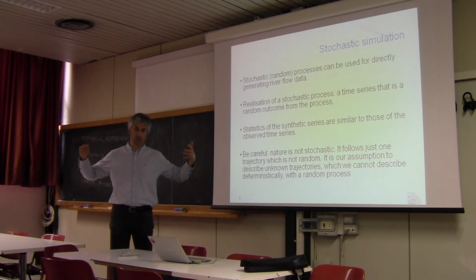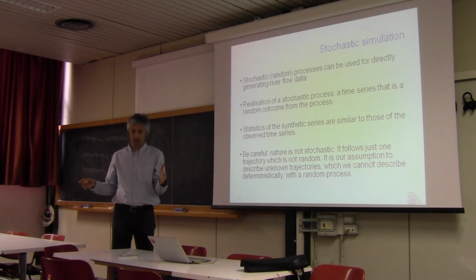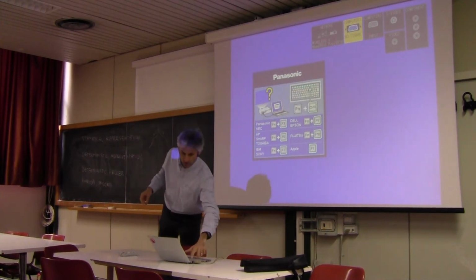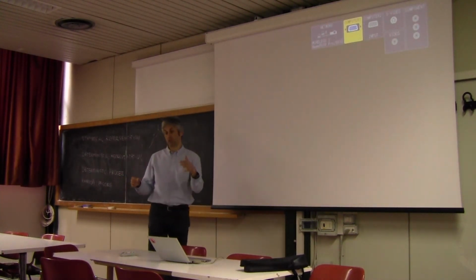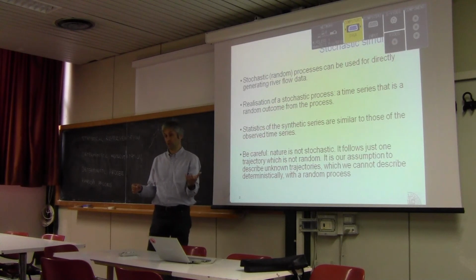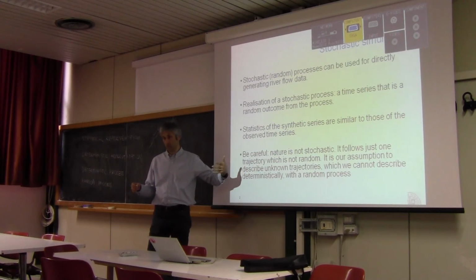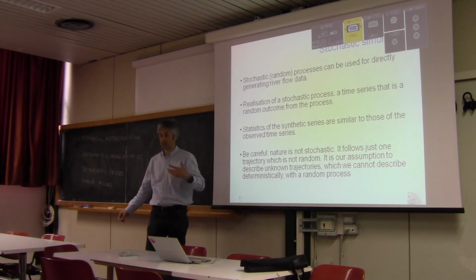For instance, if you get river flows in a river, very often one computes the average because you are uncertain about the future values of the river flow, and it gives you an indication of the most likely value.